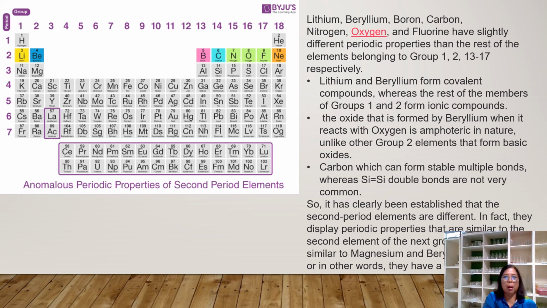Okay, this is where they are as found in the periodic table. So this is your lithium group, this is your beryllium group. So the arrangement here actually leads to the anomalous periodic properties of the second period of elements. But generally, they are still all the same.